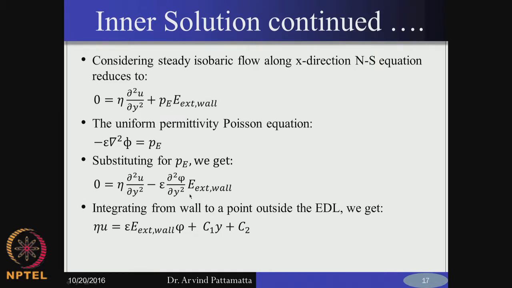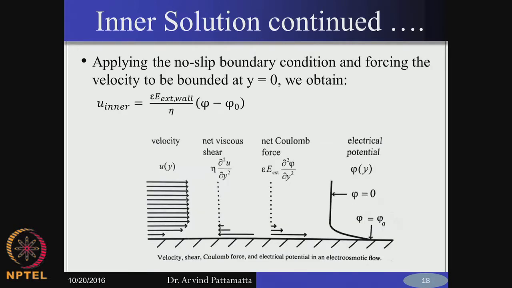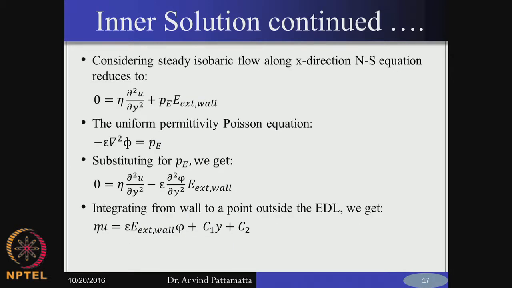Now if you integrate this as a function of y, you get the following solution for the velocity profile as a function of phi and y. If you apply the no slip boundary condition at the wall, y equal to 0, the velocity is 0, then you finally end up with the solution in the inner region for the velocity profile.